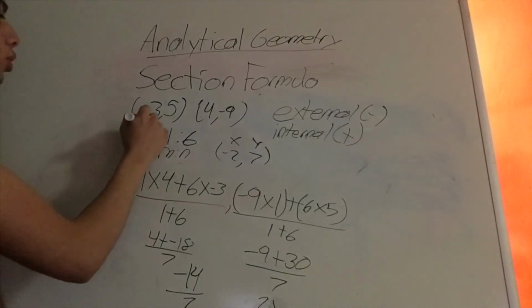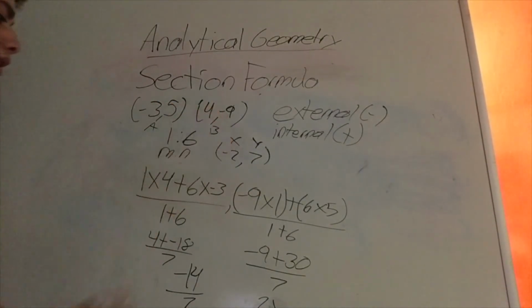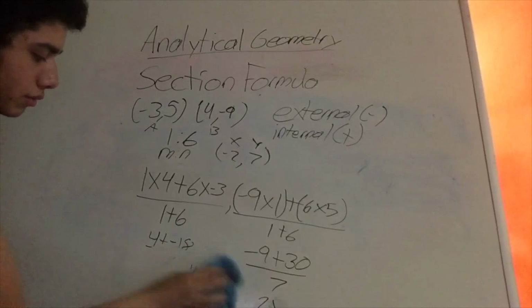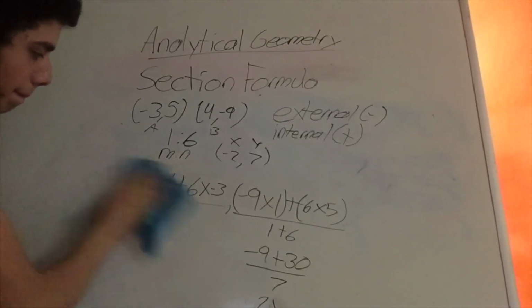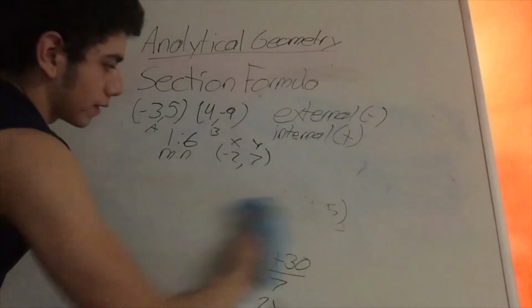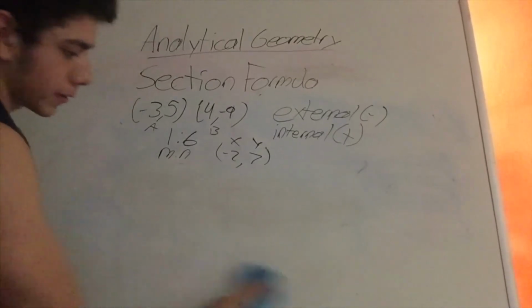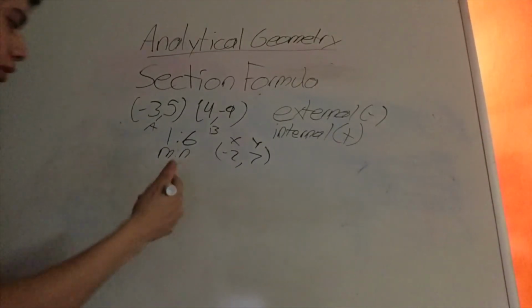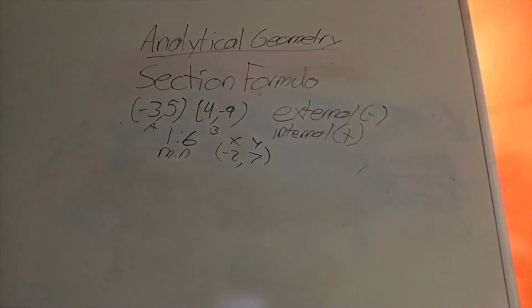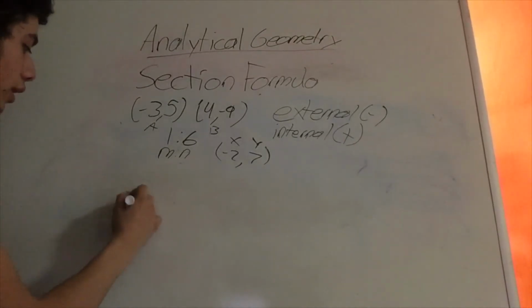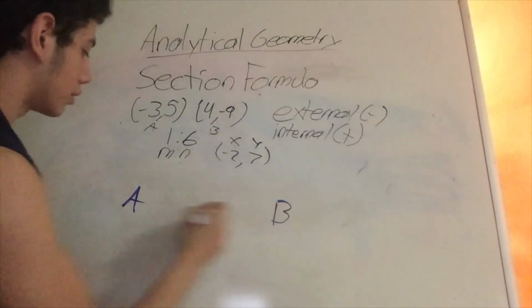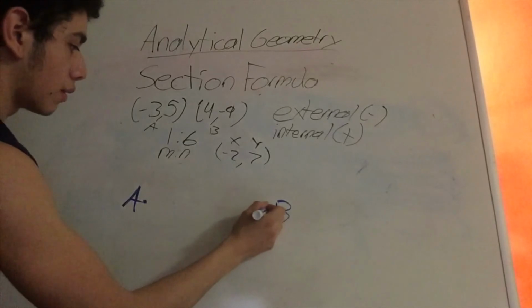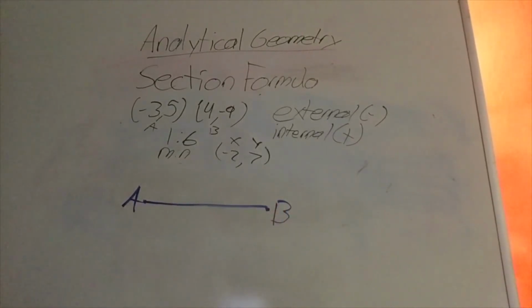So let's say this is point A and this is point B. I'm going to erase the work. Point A, this is point B. So the problem asks for 1 to 6, so that would be 7 points.